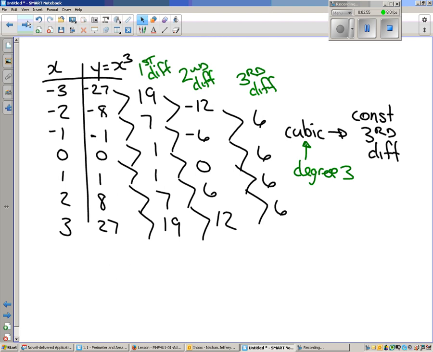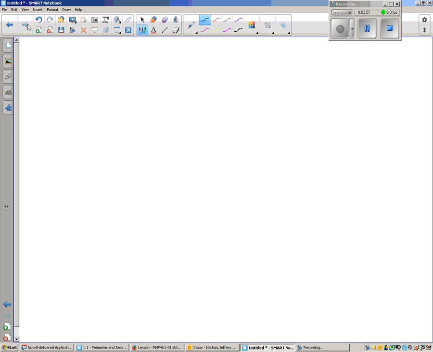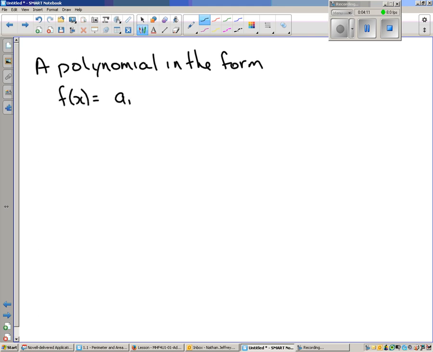And so what we can say is a polynomial in the form, and I'm going to give the general form again: a_n x to the power n plus a_(n-1) x to the power n minus 1 plus, and all those dots, a_1 x plus a_0. So that's the general form of our polynomial.